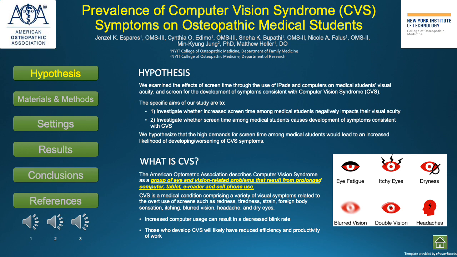The image on the right of the slide just provides a visual aid as to what those symptoms are. Increased computer usage can result in a decreased blink rate, and those who develop symptoms consistent with CVS are likely to have reduced efficiency and lowered productivity of work.